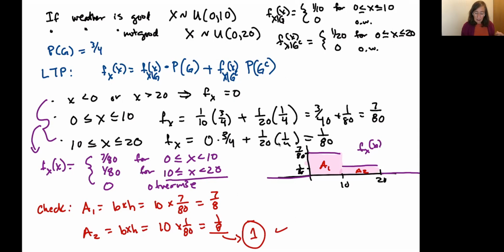And so if we're given information in this conditional form, and we know the probability of the conditioning event, we can use this version of the law of total probability to find the unconditional PDF. All three of these PDFs, the PDF conditional on good weather, the PDF conditional on bad weather, and the unconditional PDF, the one that we use if we don't know whether the weather is good or bad, are all valid PDFs.